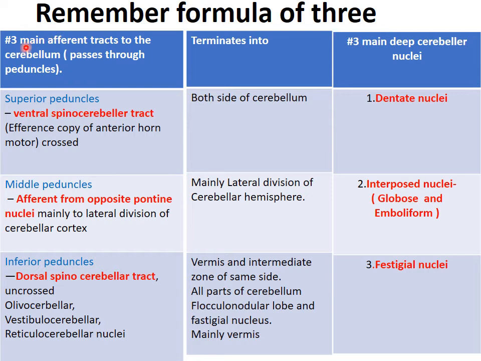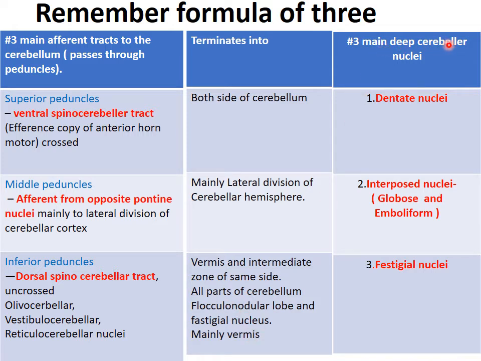So there are three main afferent tracts: ventral spinocerebellar, pontocerebellar, and dorsal spinocerebellar. These fibers terminate on both sides of the cerebellum, mainly the lateral division of the cerebellar hemisphere, and the dorsal spinocerebellar in the vermis and intermediate zone of the same side.